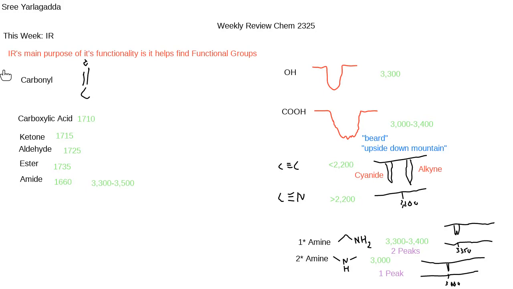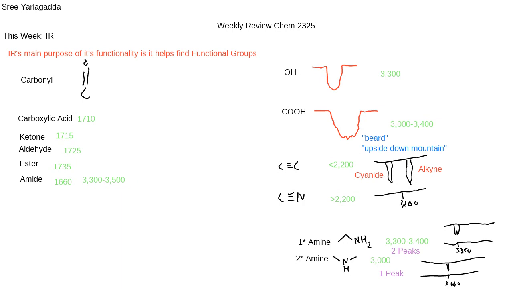If you notice, all the bonds with hydrogens are going to be relatively higher. Same with amines, carboxylic acids, alcohols, and amide is basically a carbonyl with the amine attached to it. That's why it's in this range. Okay, just like carboxylic acid.